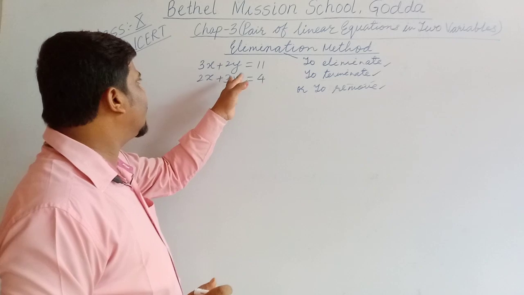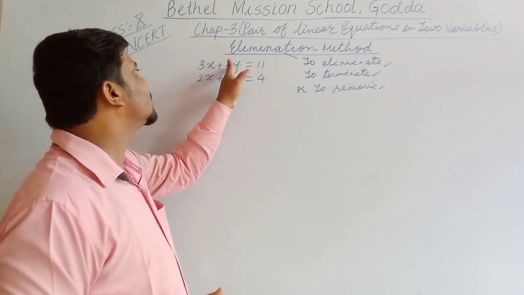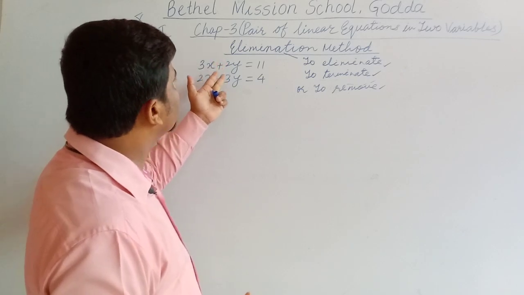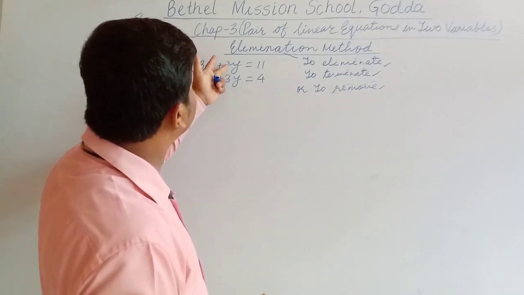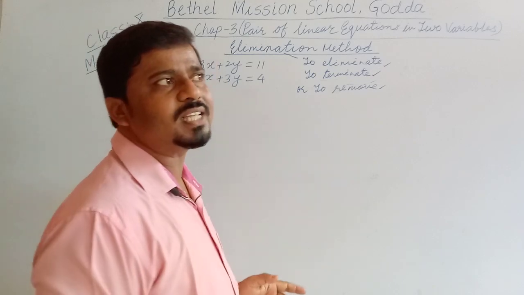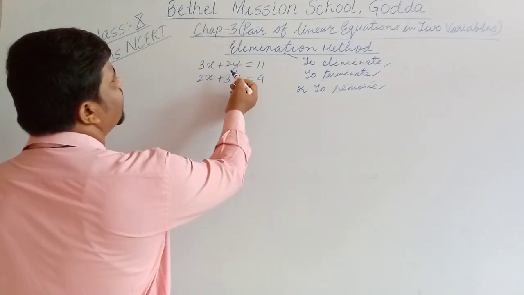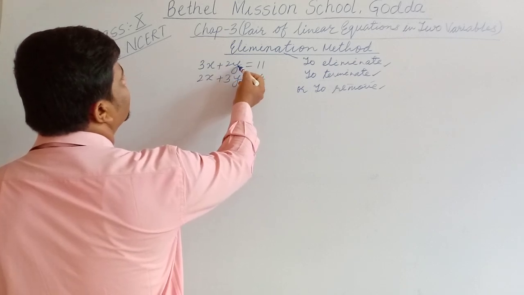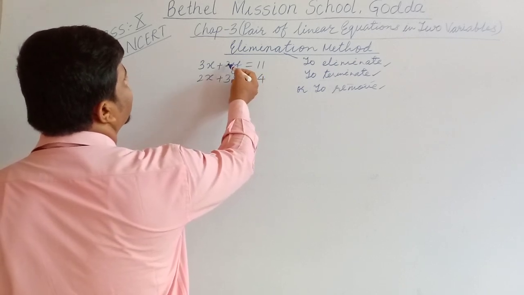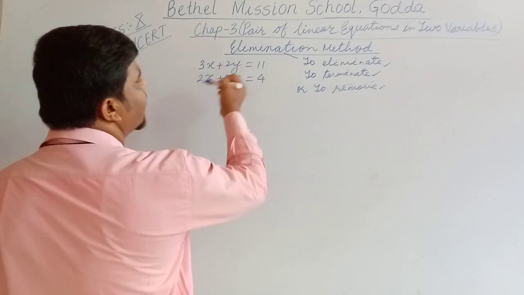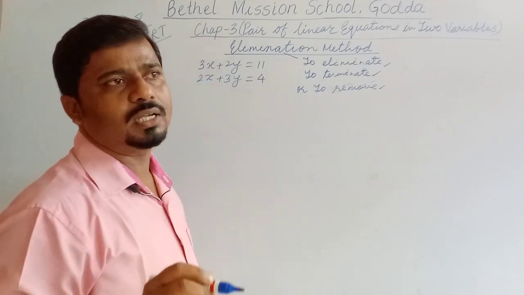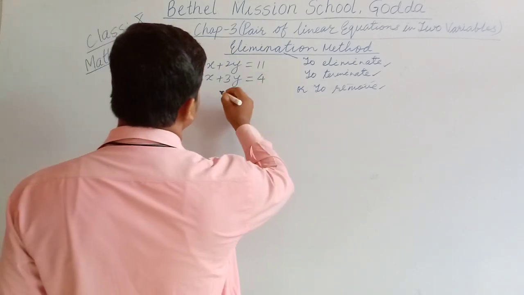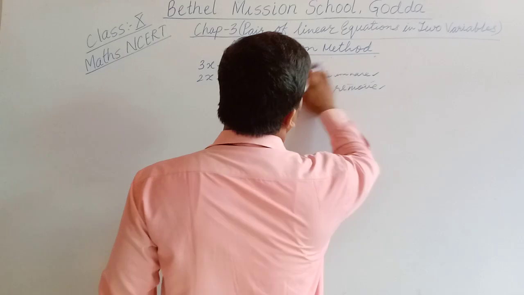You can see here signs are the same and coefficients are different. So first of all we will make the coefficients the same. For making the coefficients the same, what will be the step? The step is you have to take the LCM of the coefficients given here. So the coefficient of this y is 2 and this y is 3, and their LCM will be 6. LCM of 2 and 3 will be 6.